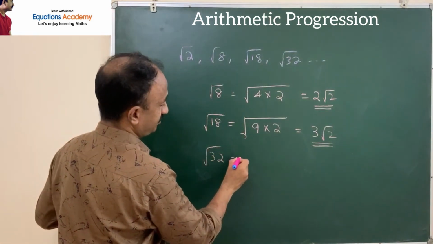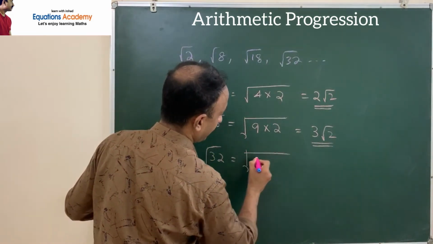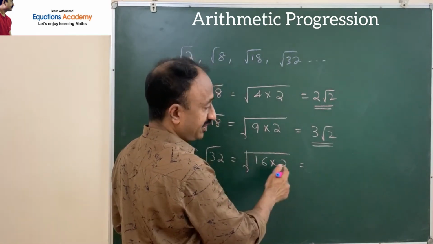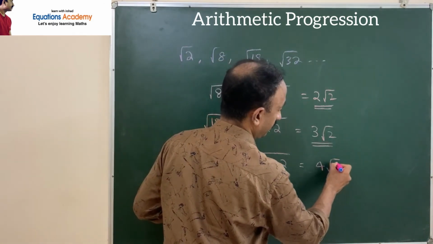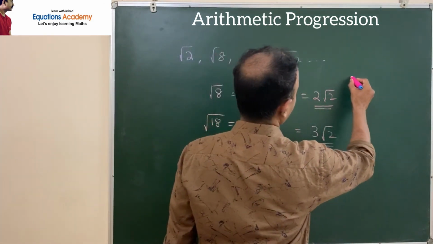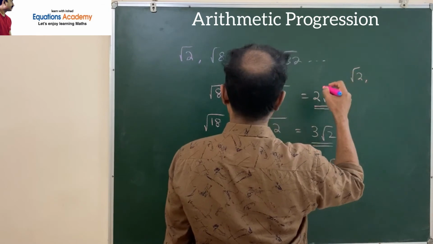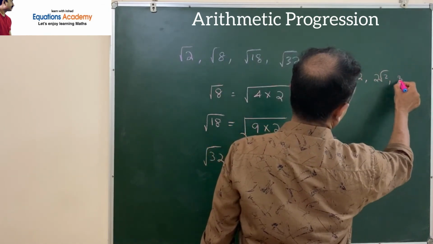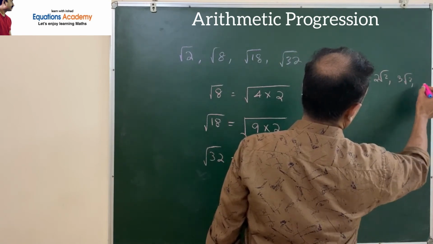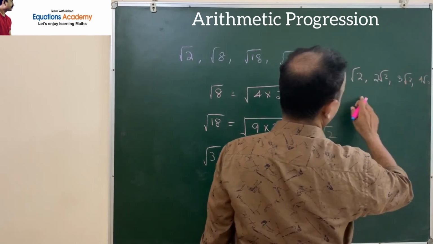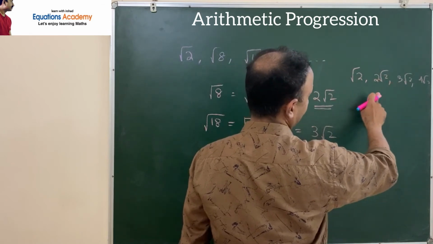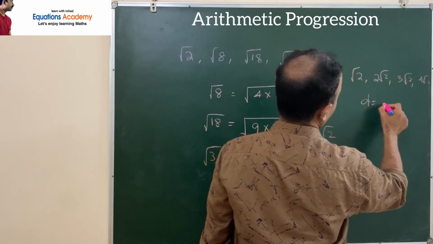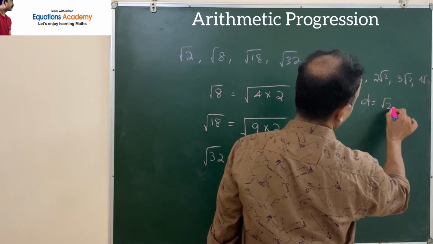Root 32 is equal to root of 16 into 2. Root 16 is 4, then root 2. So our terms are: first term is root 2, second term is 2 root 2, third is 3 root 2, fourth is 4 root 2. So root 2 plus root 2 is 2 root 2, 2 root 2 plus root 2 is 3 root 2. So common difference is root 2.